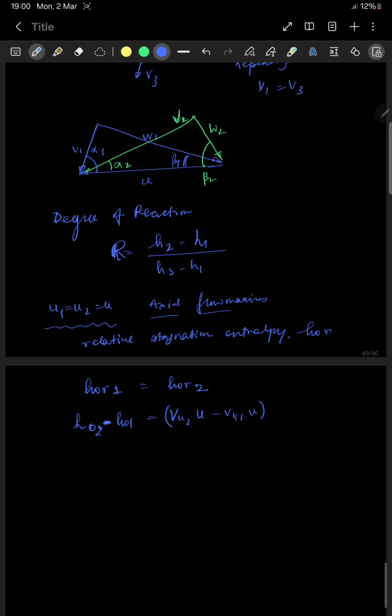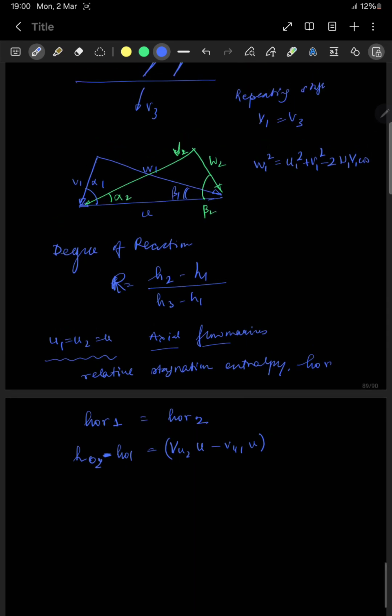From this triangle we get W1 square equals U1 square plus V1 square minus 2 U1 V1 cos alpha 1, and this V1 cos alpha 1 can be written as Vu1.